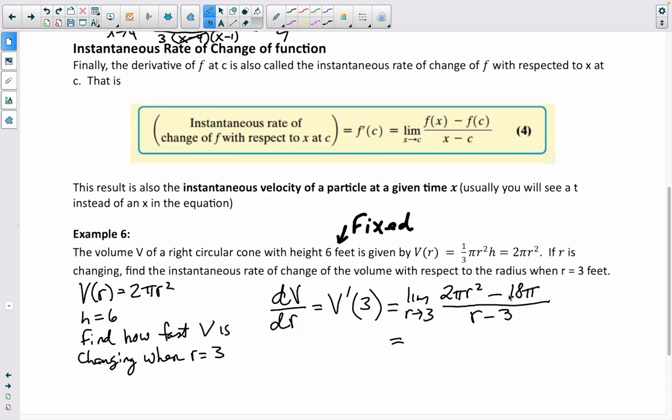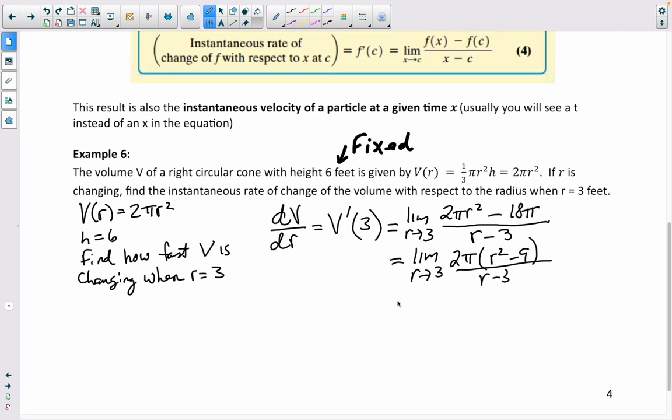So let's see, what can we factor out of here? We're going to factor out a 2 pi. So the limit as r goes to 3, if I take out a 2 pi, that will leave us with an r squared minus 9 over r minus 3. This is good. Hopefully you're seeing what's going to happen. Limit as r goes to 3, r minus 3, r plus 3, all over r minus 3.